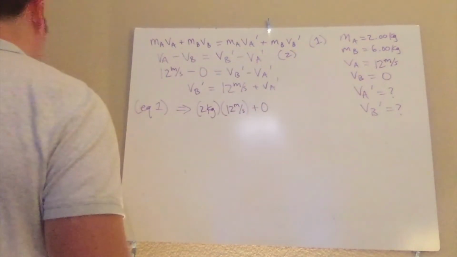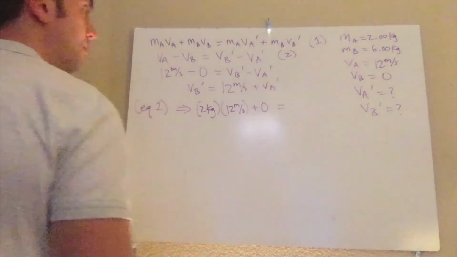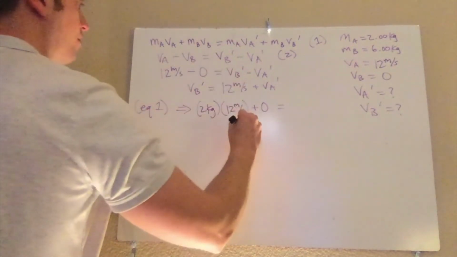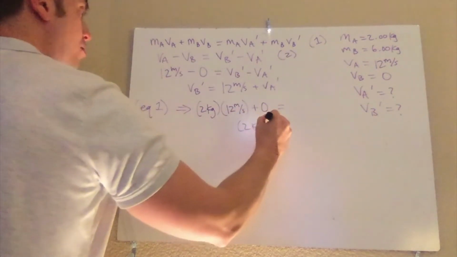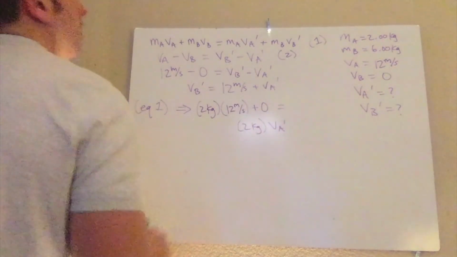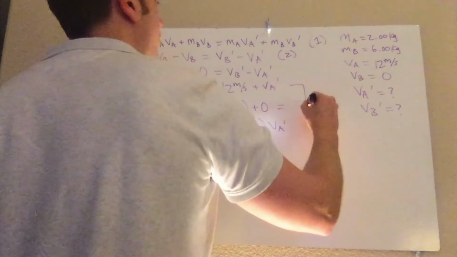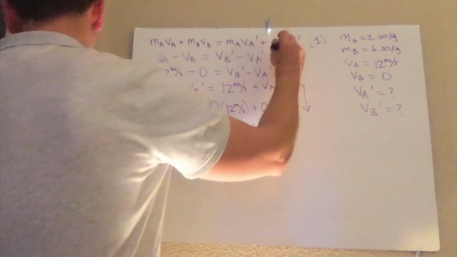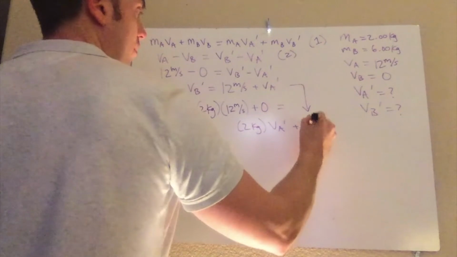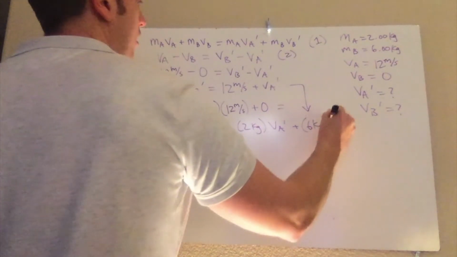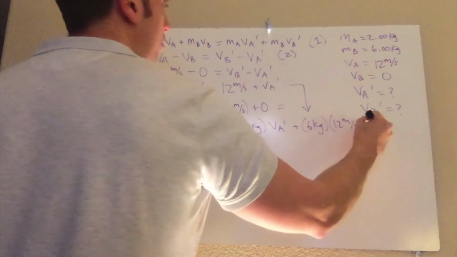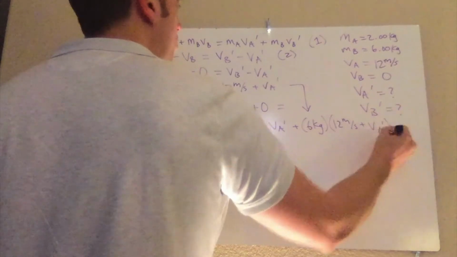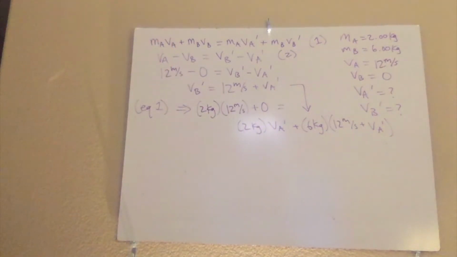And on the other side we have MA, which is 2 kilograms, times VA prime. And then what we can do is pop this in for VB prime, because we have plus MB, which is 6 kilograms, and then VB prime, again, we can substitute 12 meters per second plus VA prime. So kind of a lot going on there, but we're almost done with the problem.